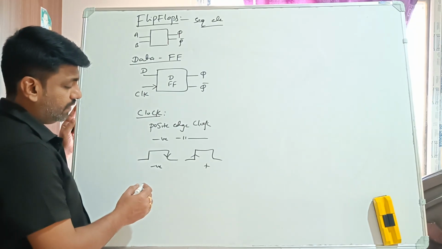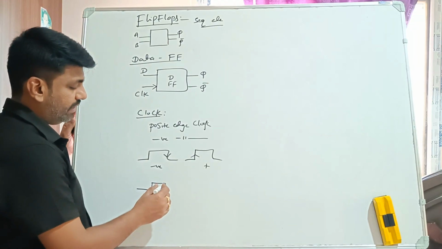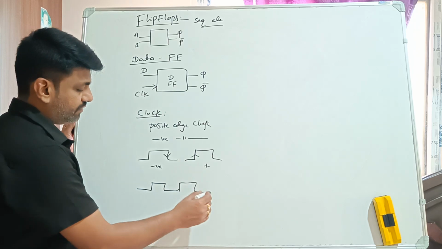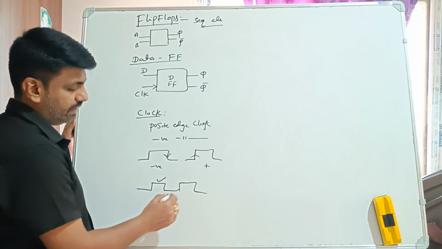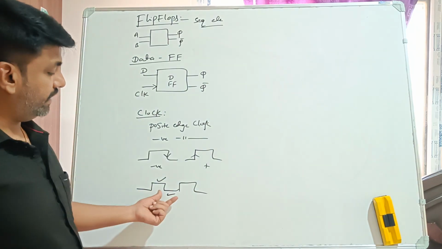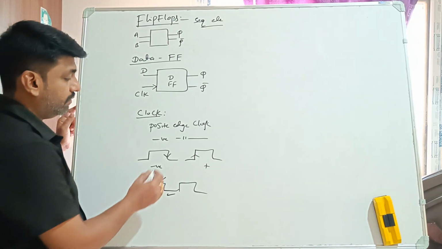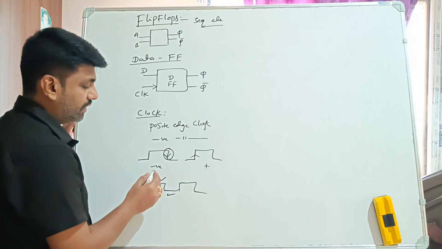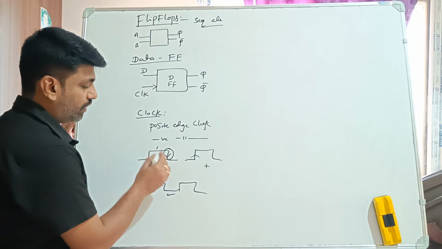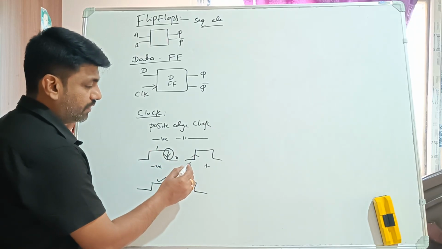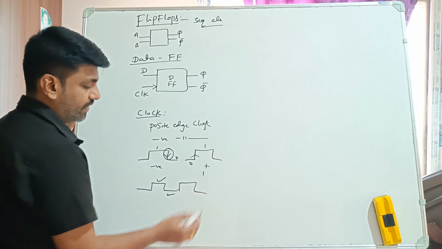So here we'll also have level triggering. We'll have this as level positive and level negative. So 1 and 0. When it is like this, it is a negative edge, falling from 1 to 0. When it is going from 0 to 1, it is a positive edge, right?